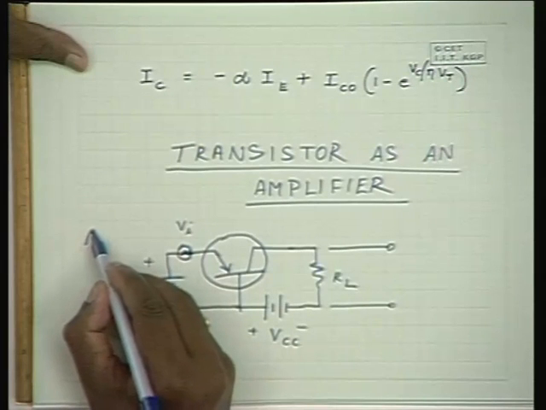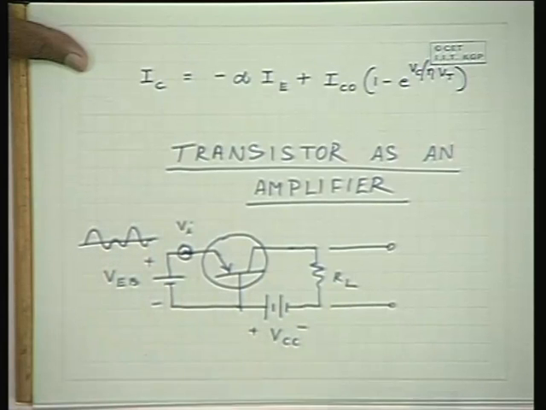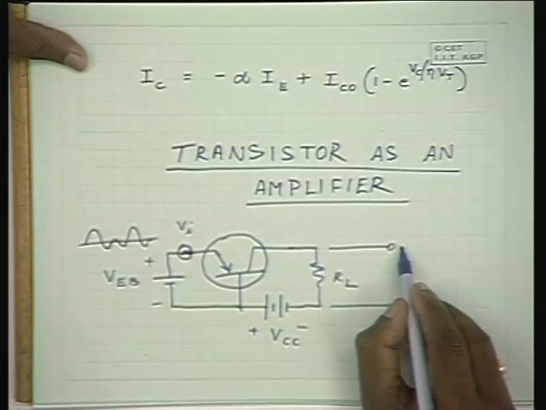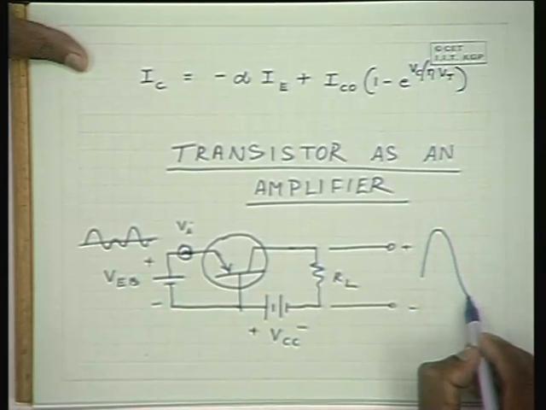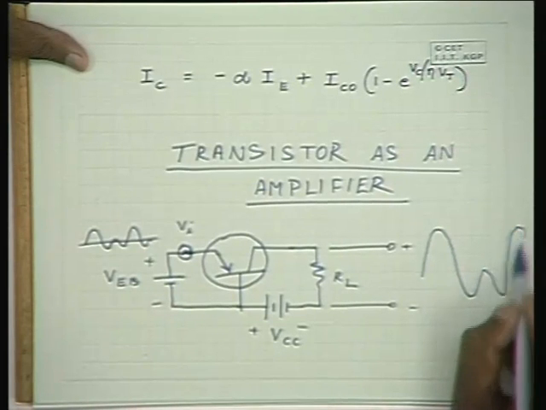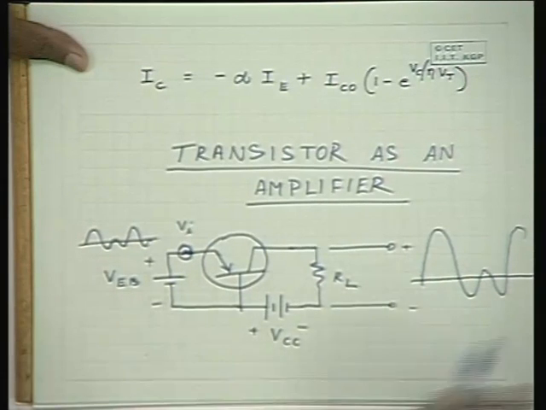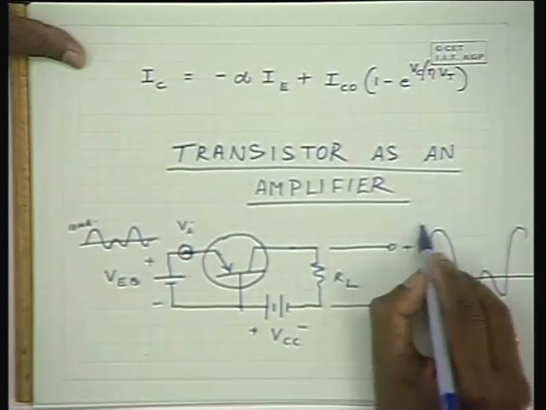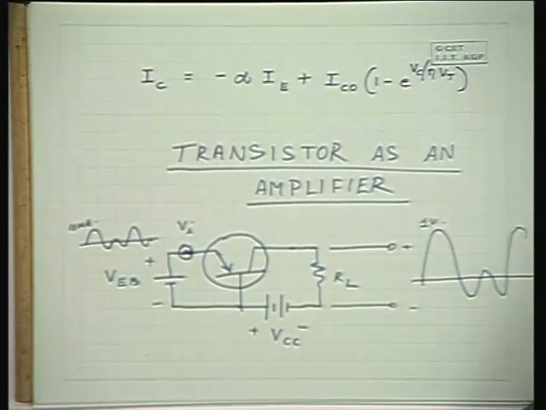If this is a small voltage, let us say an audio signal, you will find on this side a large voltage signal with the shape retained, but with the amplitude magnified. If this is say 10 millivolts, this may be 1 volt, with an amplification of 100, a gain of 100.